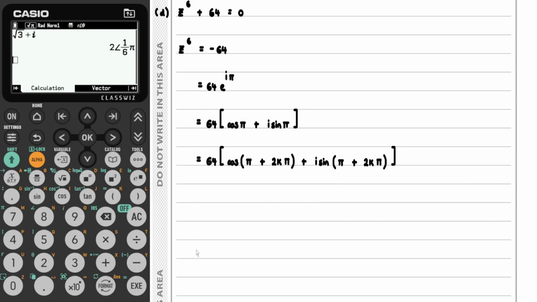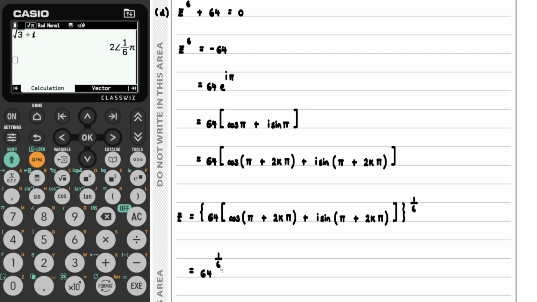This is what z to the 6 is, and so z will equal 64 times cos of pi plus 2k pi plus i sine of pi plus 2k pi, all to the 1/6, which is the same as 64 to the 1/6 multiplied by cos of pi plus 2k pi plus i sine of pi plus 2k pi, to the 1/6.